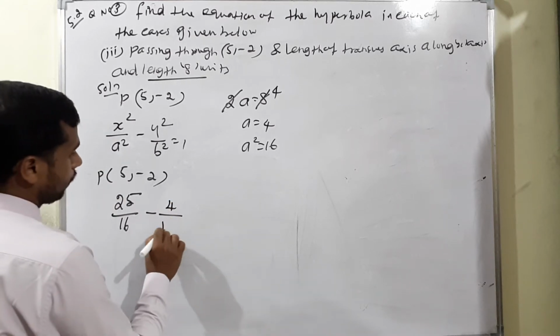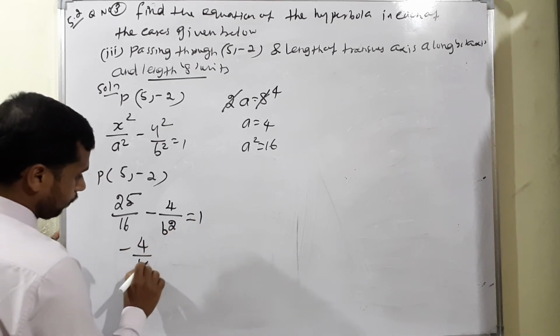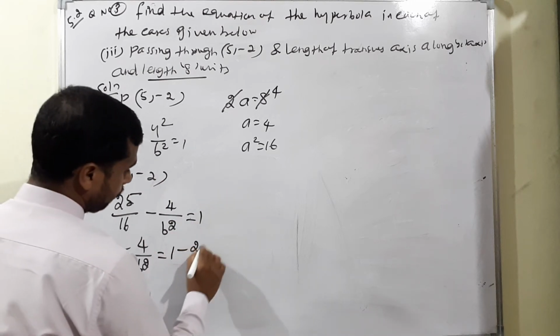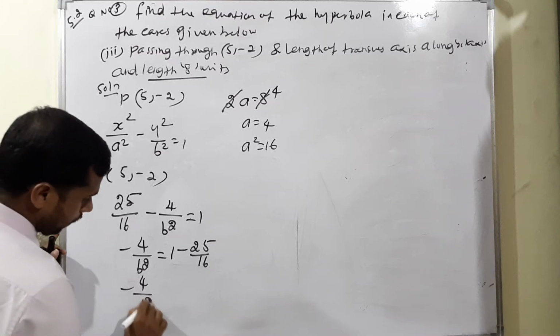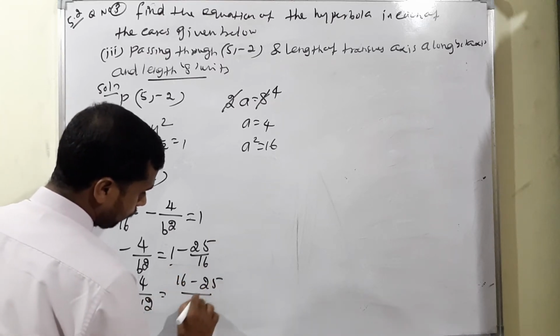So positive 4 divided by b square is equal to 1. Therefore negative 4 by b square is equal to plus 25 by 16, bring to the opposite side, means minus 25 by 16. Again minus 4 by b square is equal to 1 into 16, means 16 minus 25 by 16.